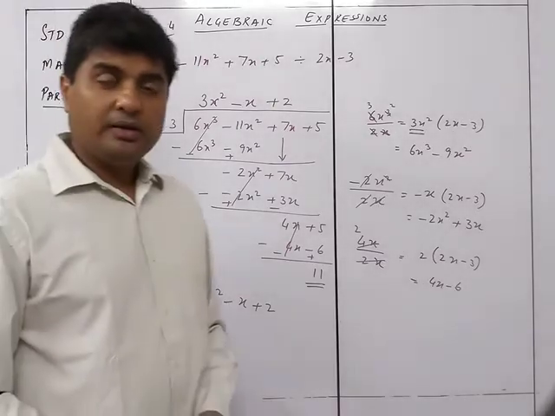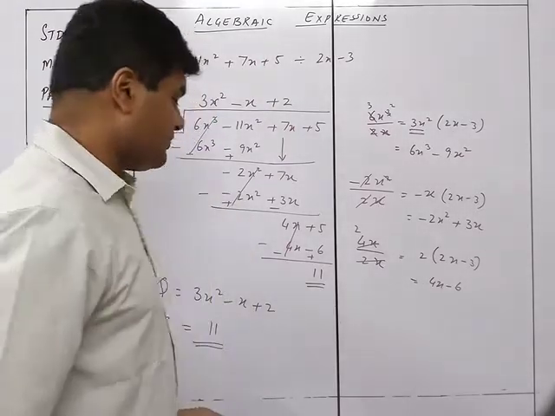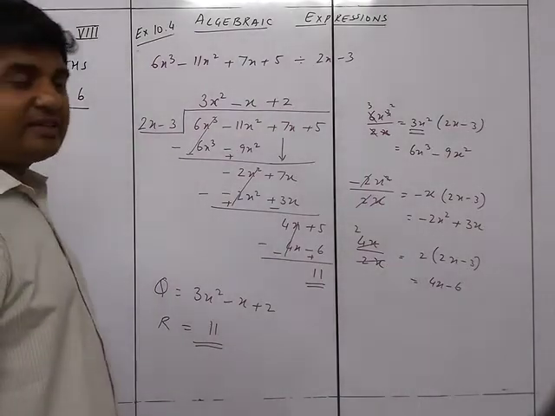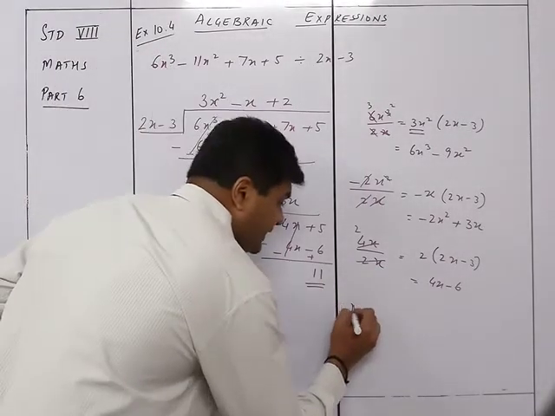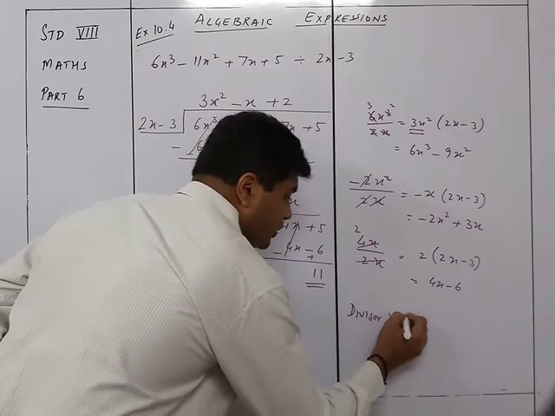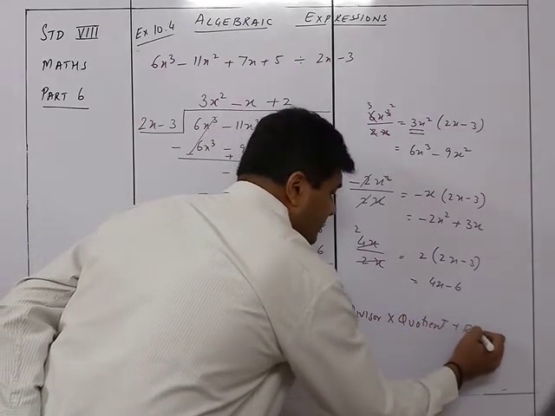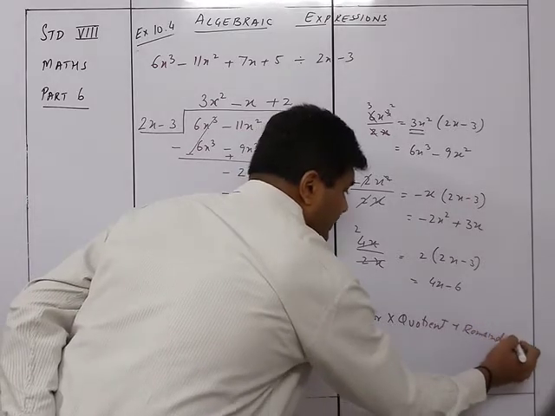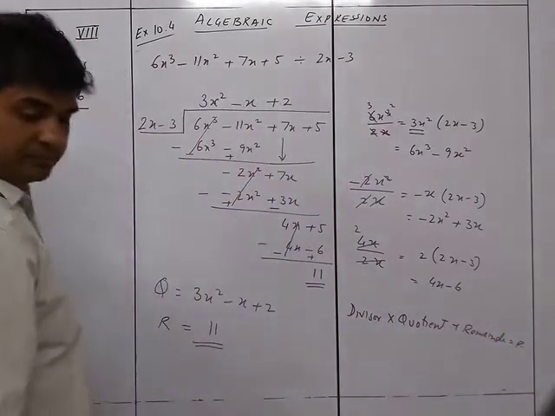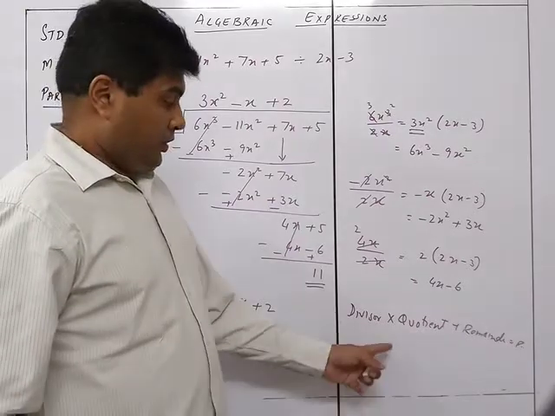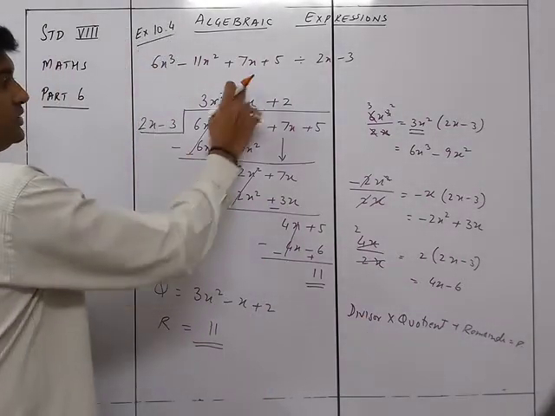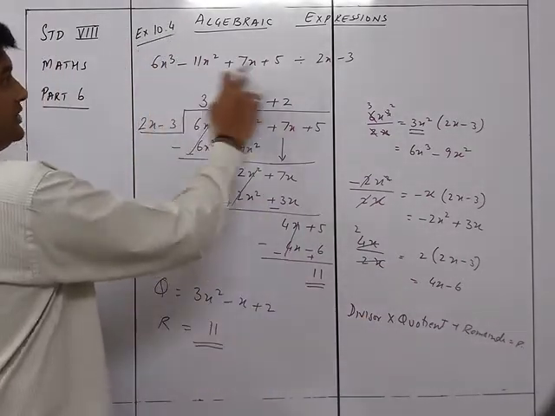Are we clear? With this you need to do some verification also. What is the formula for verification? It is this way: divisor into quotient plus remainder is equal to the polynomial. So this into this plus 11 should give you this.